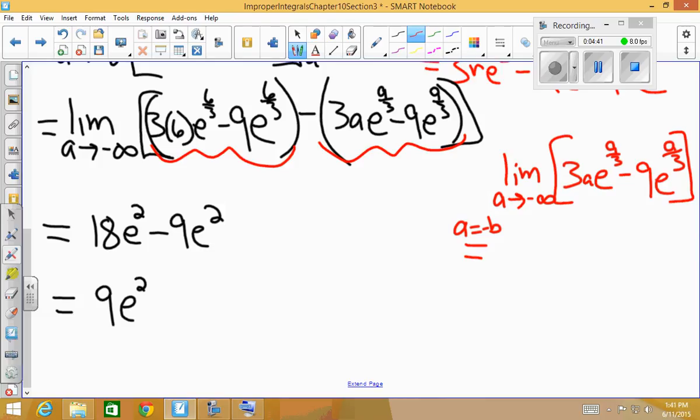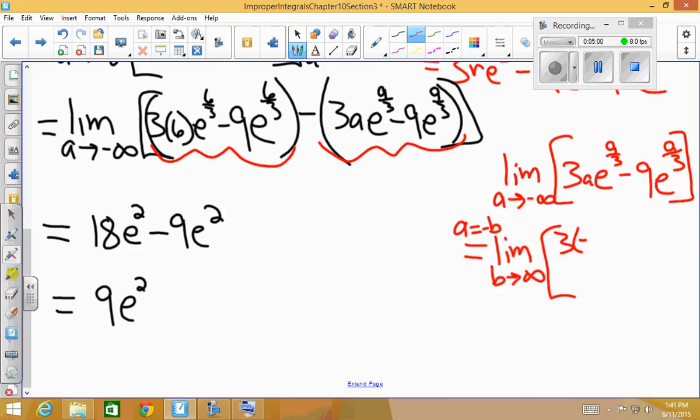So what does that mean? That means that now we're talking about the limit as b goes to positive infinity. Negative b would be going to negative infinity, so positive b would be going to positive infinity, so we can write it that way.